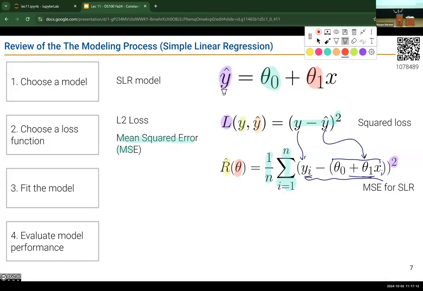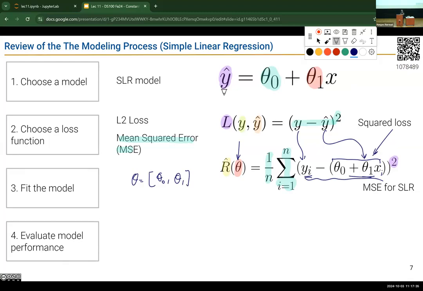And therefore, because this theta value can change, and because this prediction right here can change, therefore the residual can change, and therefore the value of my error or my model risk can also change. So that's why this is a function of theta. And in this case, theta is a vector that includes both theta 0 and theta 1.